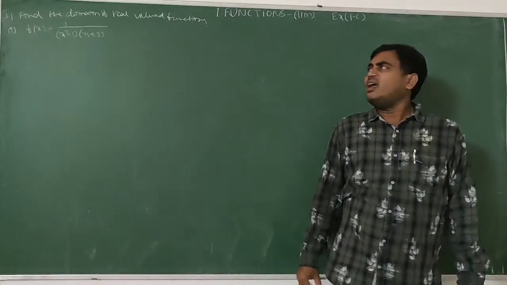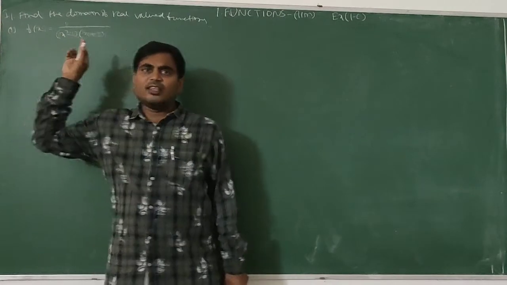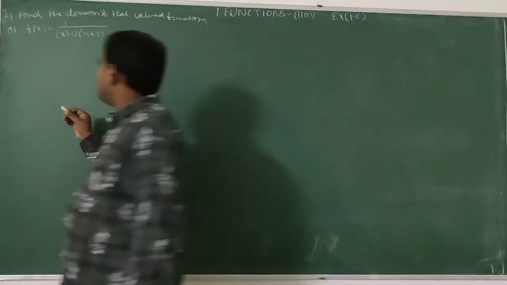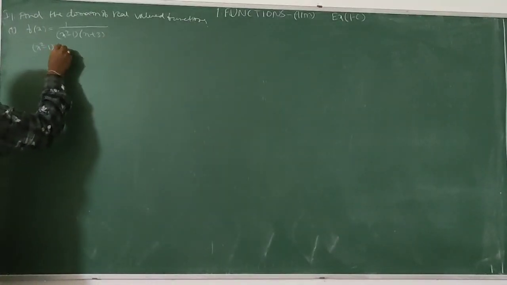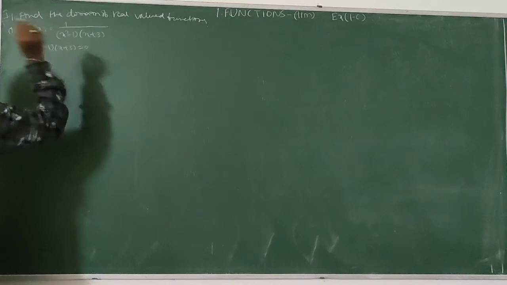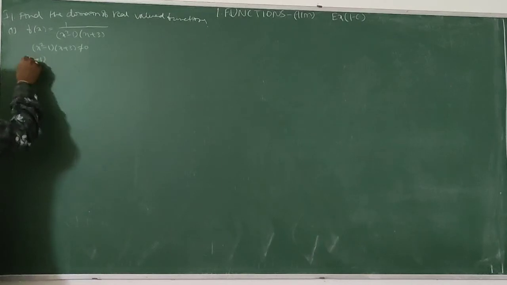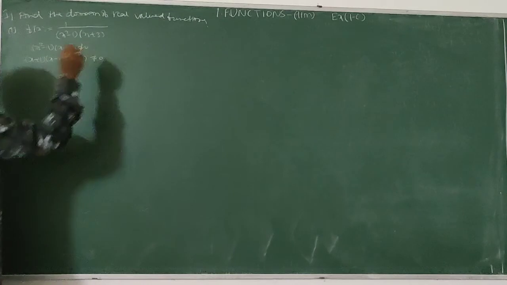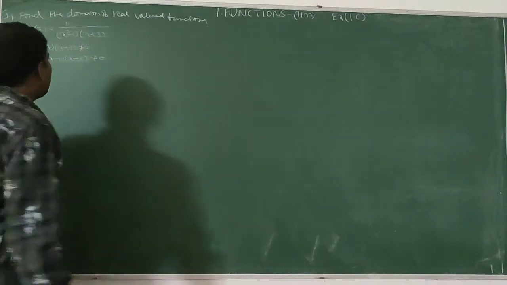So this function is in the form of g of x by h of x. Previously we discussed the domain. The denominator won't be equal to 0. So (x plus 1)(x minus 1)(x plus 3) not equal to 0.